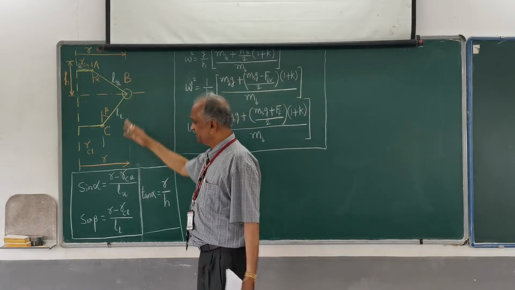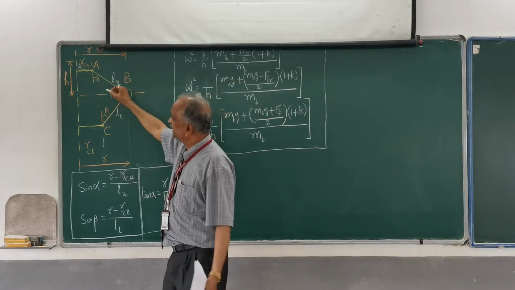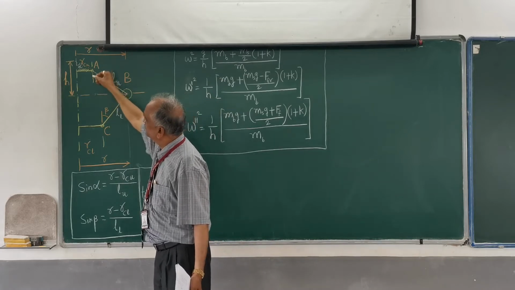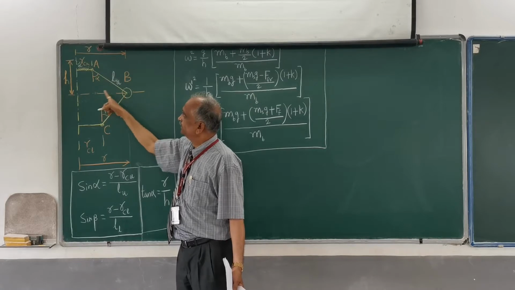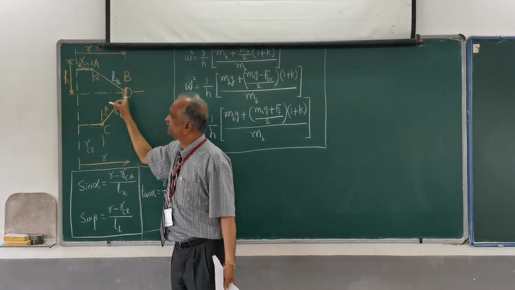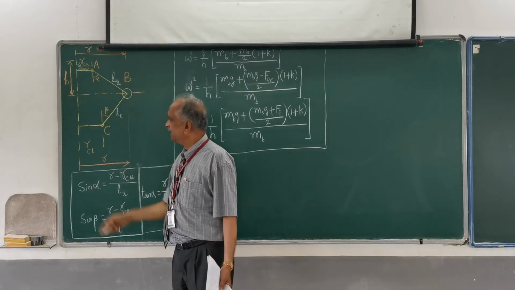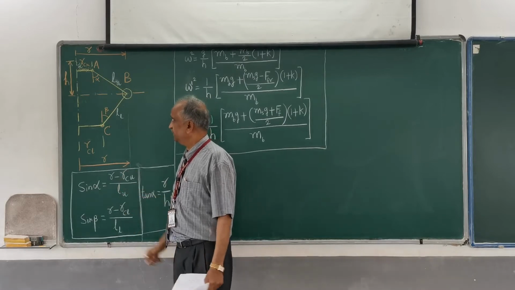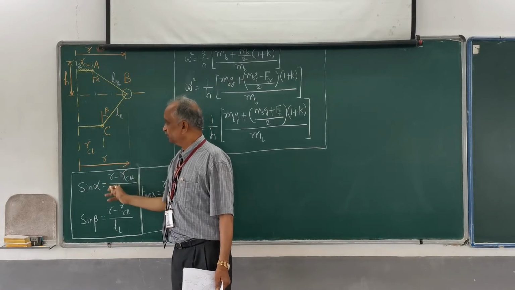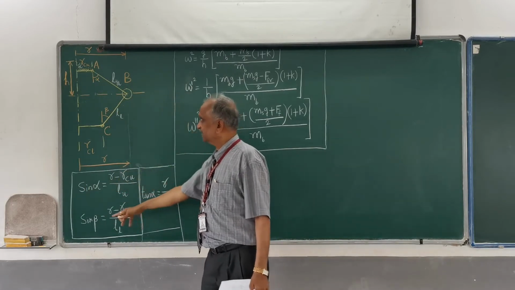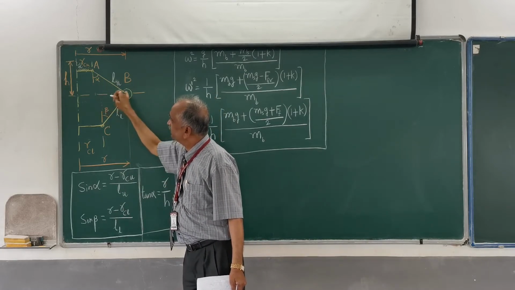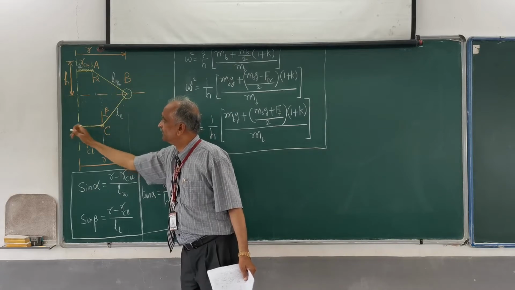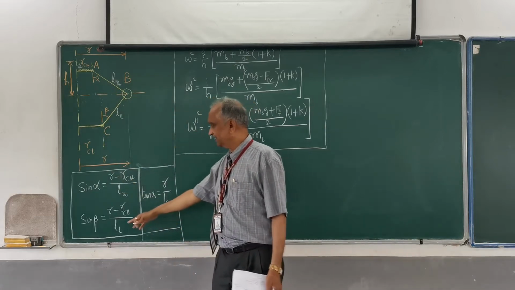Before I proceed, just a relationship here. If I make use of this triangle, sin alpha is equal to this value. This value is nothing but radius minus RCU, that is, r minus RCU divided by LU. Similarly, sin beta is equal to a similar relationship: r minus RCL divided by LL.